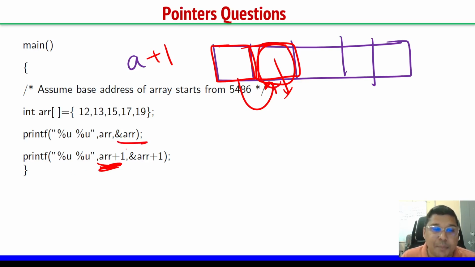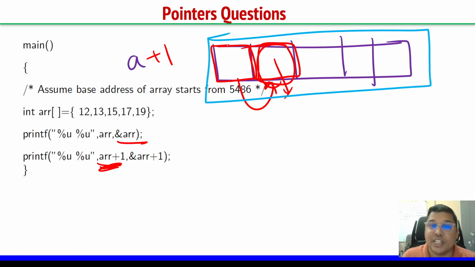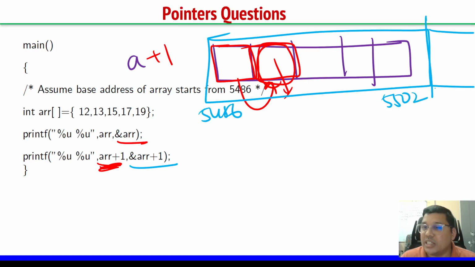Now what is ampersand ARR? Ampersand ARR is pointing to the whole box. This whole box starting address is again 5486. When I say ampersand ARR plus 1, it is the next box which begins from here. So this address was 5502, this address will be 5506. Okay, so answer of this will be 5506.